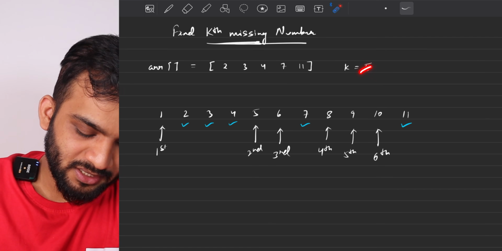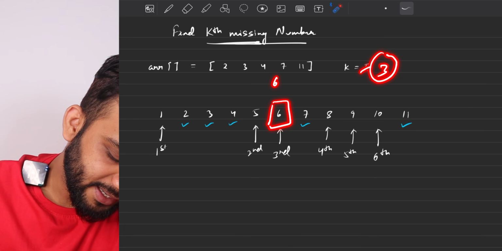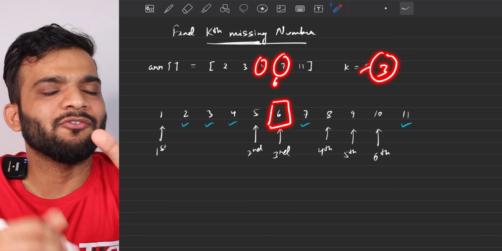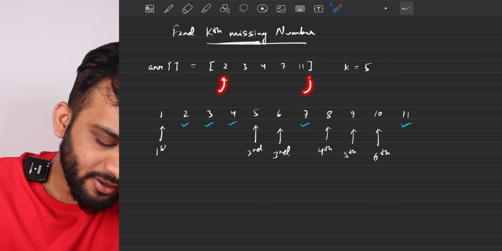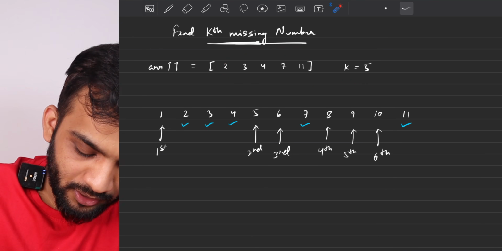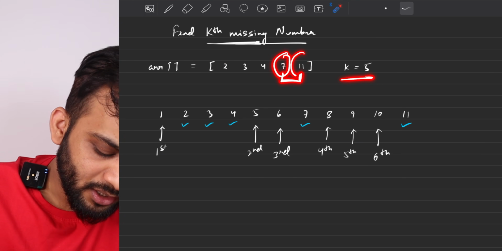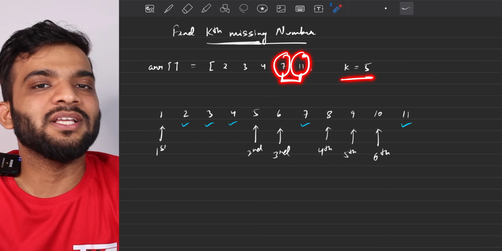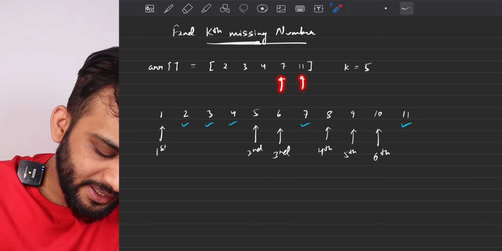What if k is 3? In that case, the answer is 6, and that is lying between 4 and 7. I know one thing, for binary search, I take the entire range. If somehow I can figure out, like for k equal to 5, I know the answer will be between 7 and 11, if I can figure out the smaller range, I'm very much sure that it will be between 2 indexes.